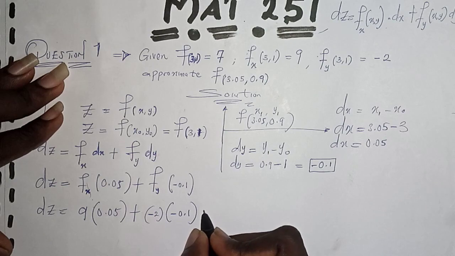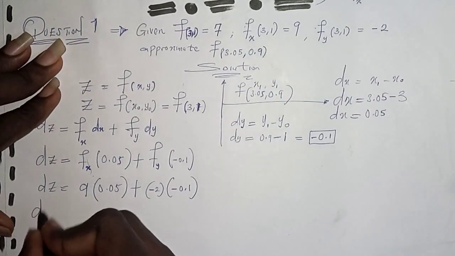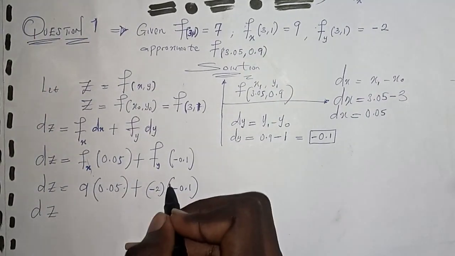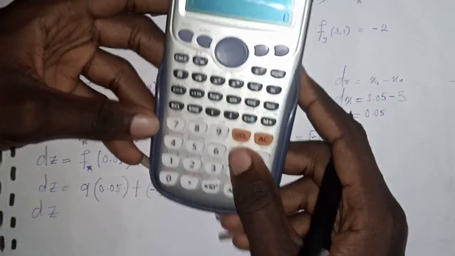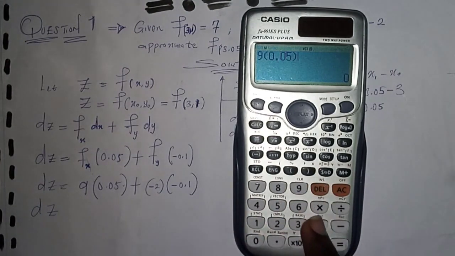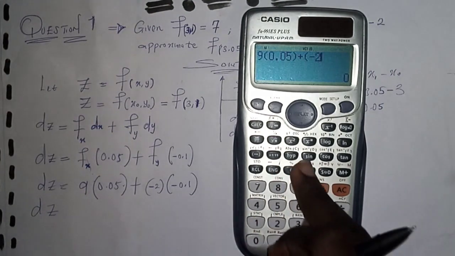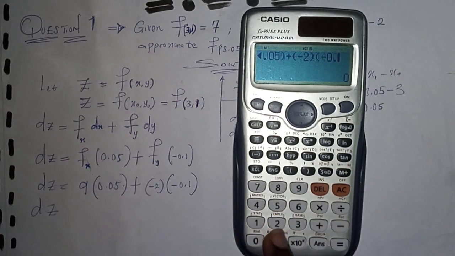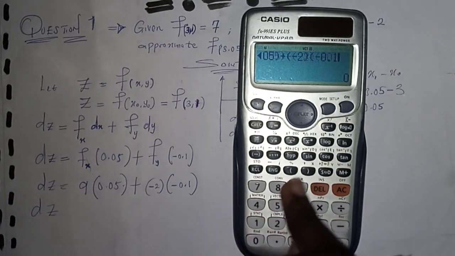So by the time we multiply this together, multiply this and then you add. So trivially we have 9 open bracket 0.05, then plus minus 2 times minus 0.1.